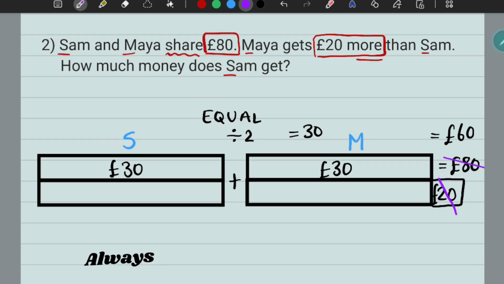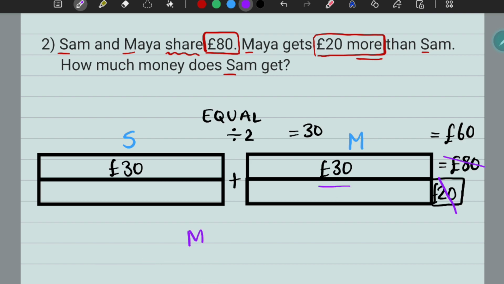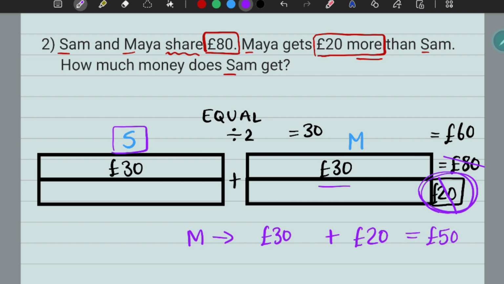What I'm going to do is double check that that makes sense. So if Maya has got £30 plus the 20 that she had at the beginning extra, because she had 20 more than Sam had, that gives me £50.